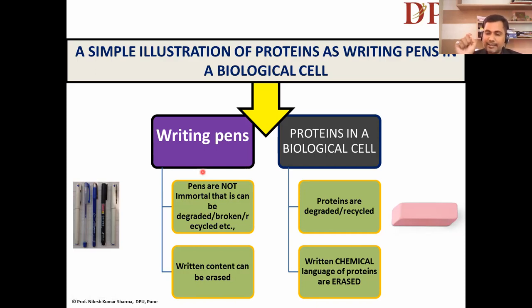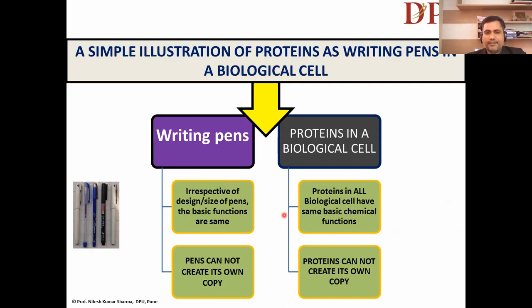In our biological cell system, similarly, these chemical languages written by the proteins are erased from time to time, depending upon different mechanisms within the cell system. To erase that particular chemical language in a biological cell is a very thoughtful process. And that is also what I think is a similarity between these writing pens and proteins in a biological cell.